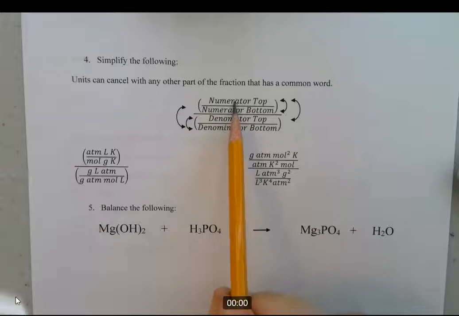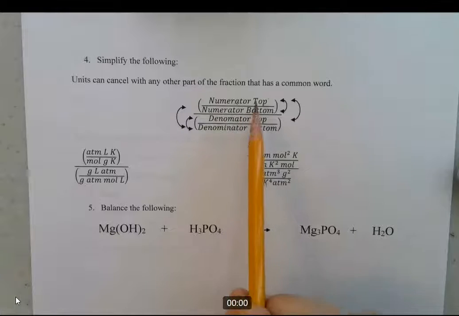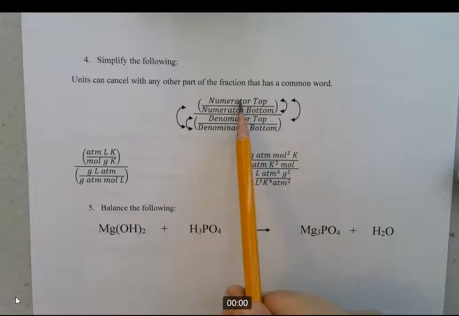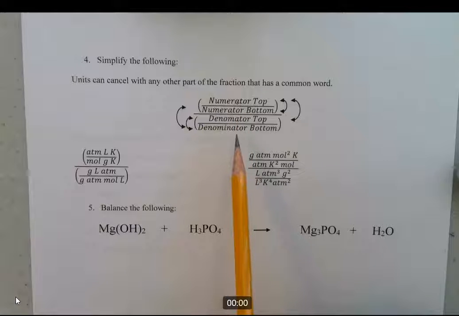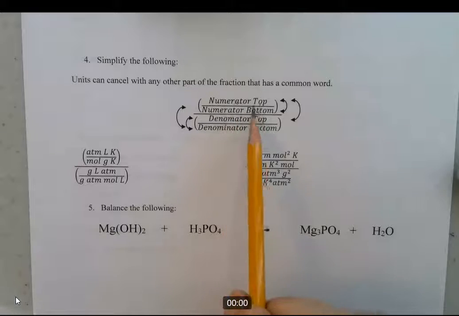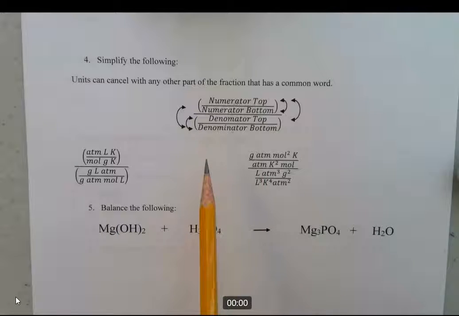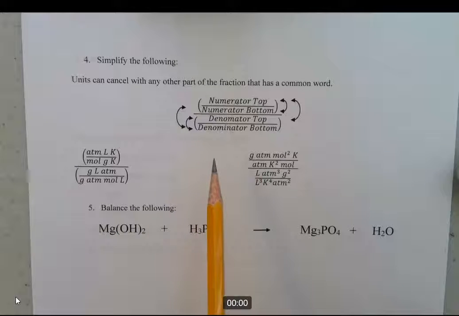Or you can cancel, if it's in numerator top, with denominator top because they have the word top in common. If you have a liter in numerator top and denominator bottom, you cannot cancel that because they don't have any words in common. Numerator top, denominator bottom, totally different words, so you could not make that cancellation.